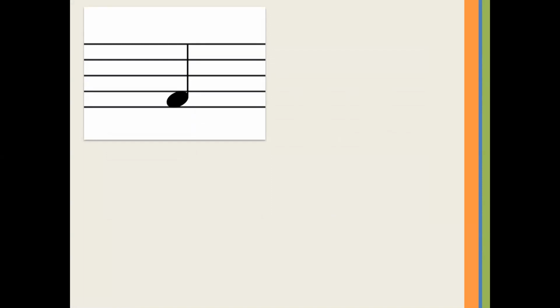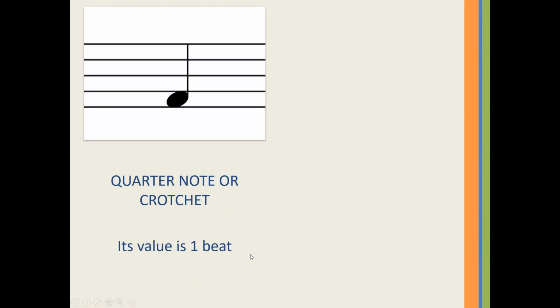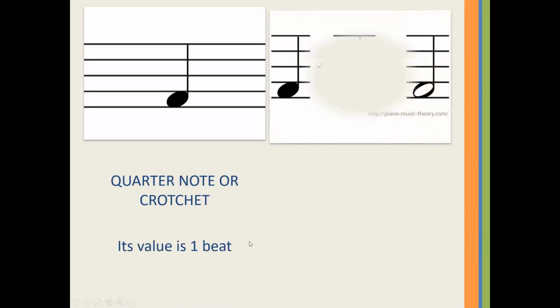It's a crotchet. And how many beats does it have? What's the value? 1. Are you sure? It's final answer. Yeah. That's great. That's true. So it's a quarter note or a crotchet, and it has 1 beat.